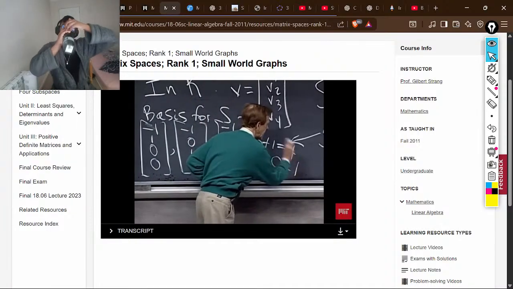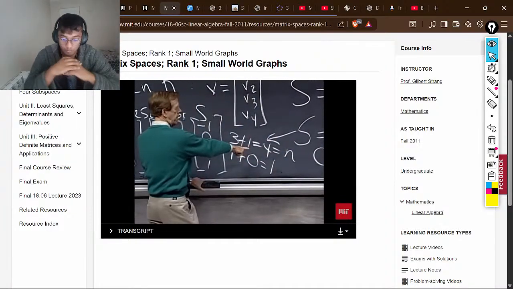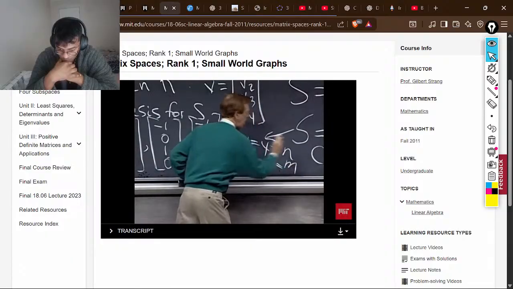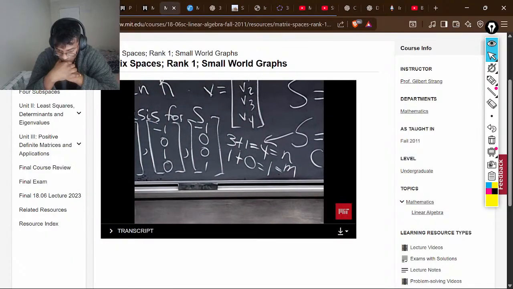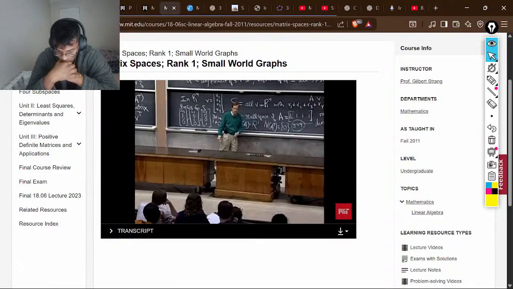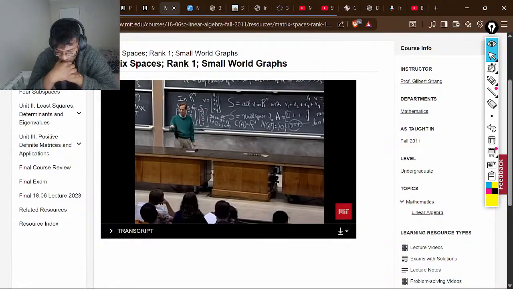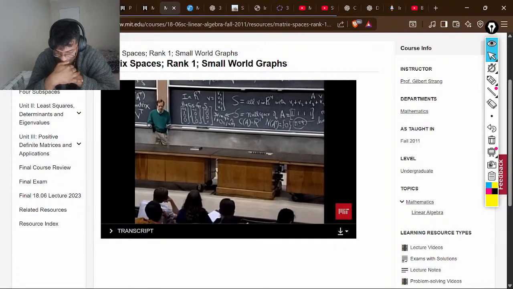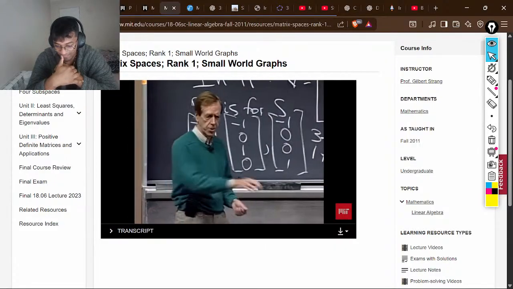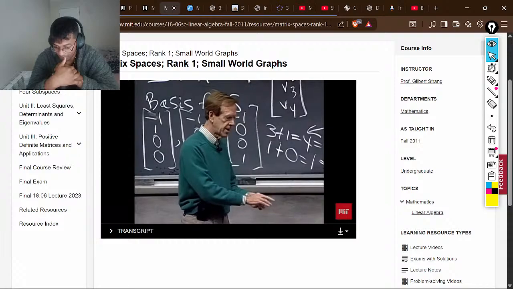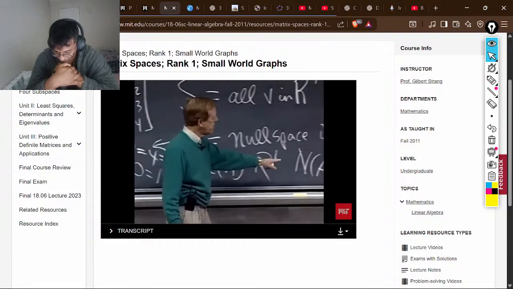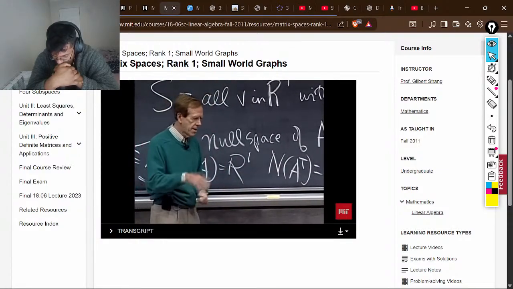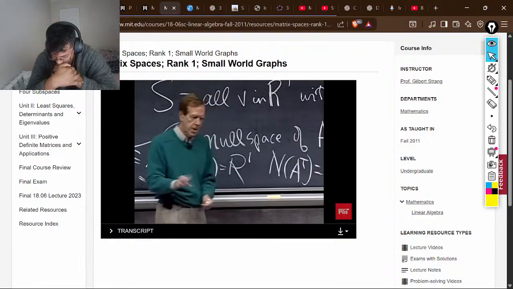So 1 plus 0 gives 1, this was m, the number of rows, and 4 was n, the number of columns. Let me say again, the subspace that has only that one point, the zero point, is 0 dimensional, of course. And the basis is empty. If the dimension is 0, there shouldn't be anybody in the basis. So the basis of that smallest subspace is the empty set. And the number of members in the empty set is 0, so that's the dimension.